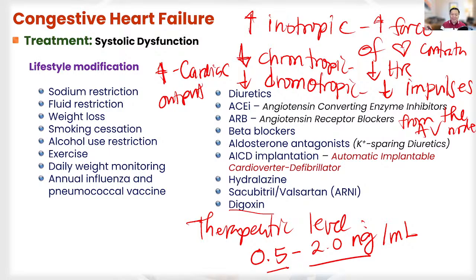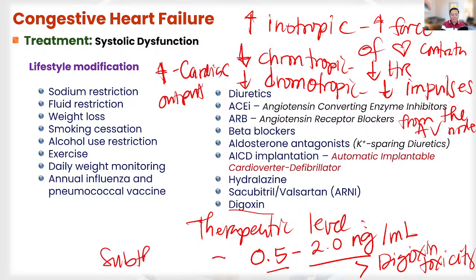Anything above that, let's say 2.2 or greater, the patient is prone to developing digoxin toxicity. And if it's less than 0.5, well, it is subtherapeutic level. It will not work for the patient if the level is still low.